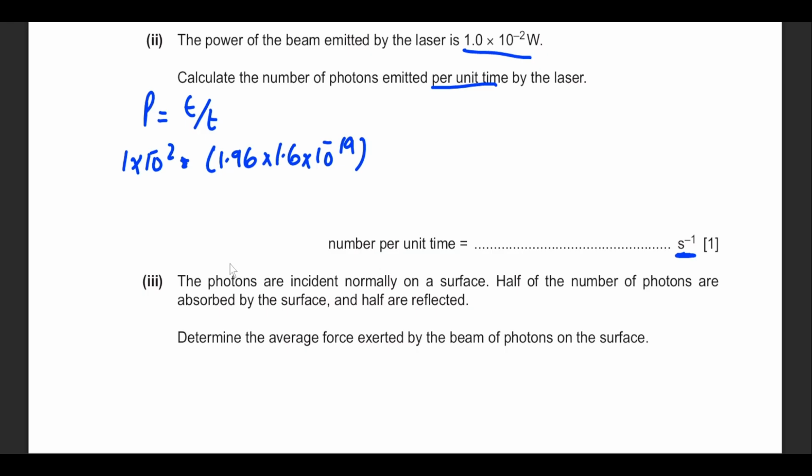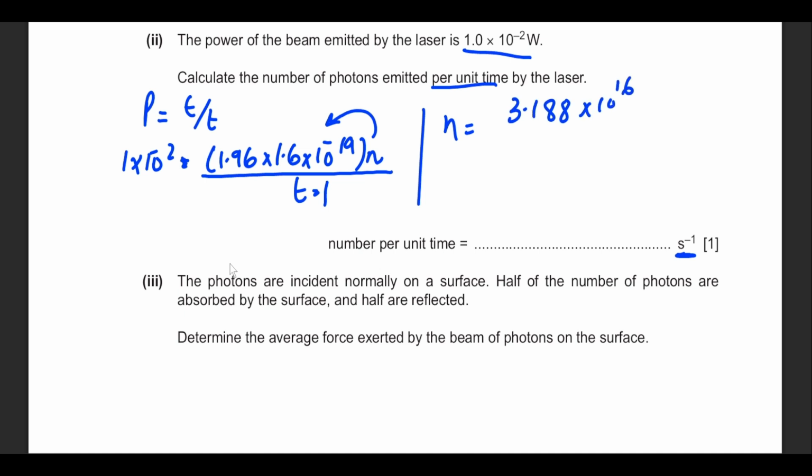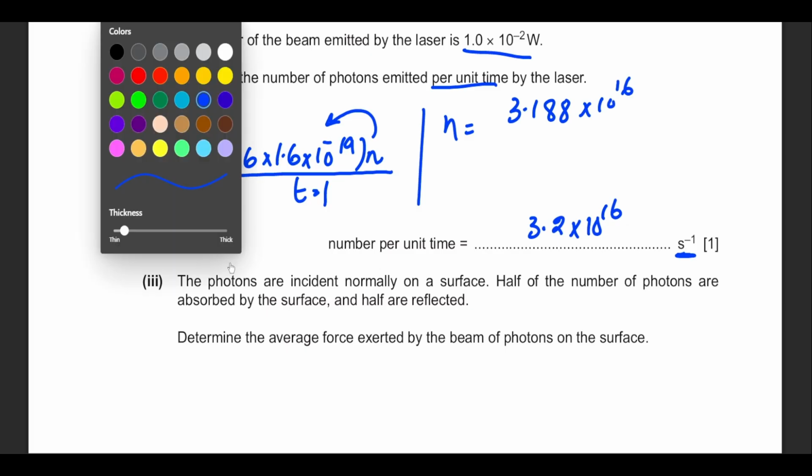So how many photons should be emitted per second? It should be something like this: the total photons multiplied by the energy of the photon divided by T, which is 1. So your N comes out as 3.188 into 10 raised to the power 16. This becomes 3.2 into 10 raised to the power 16 photons being received in every second.